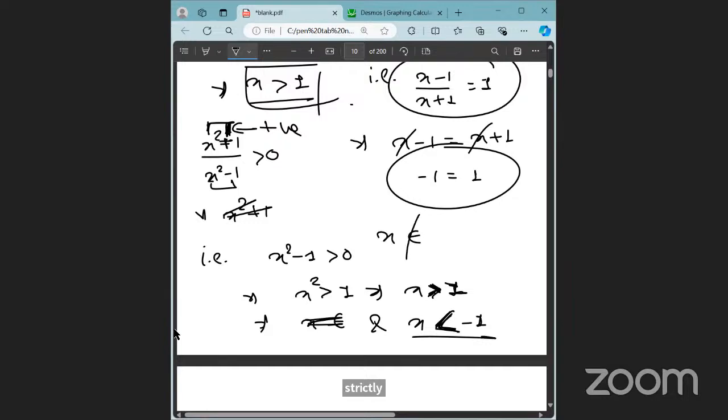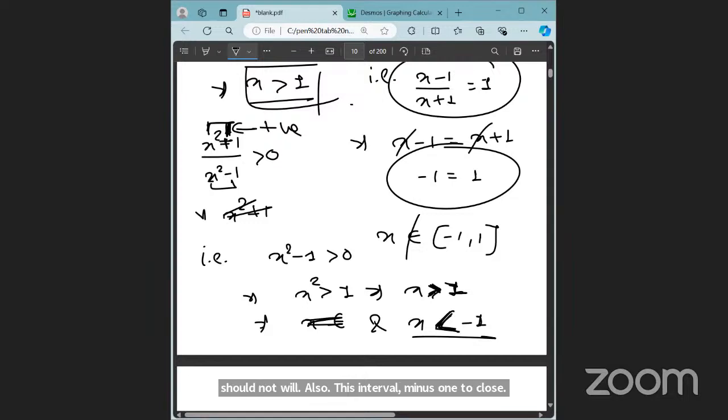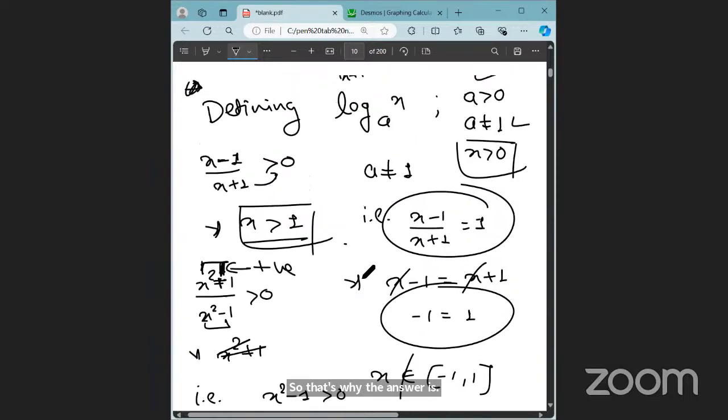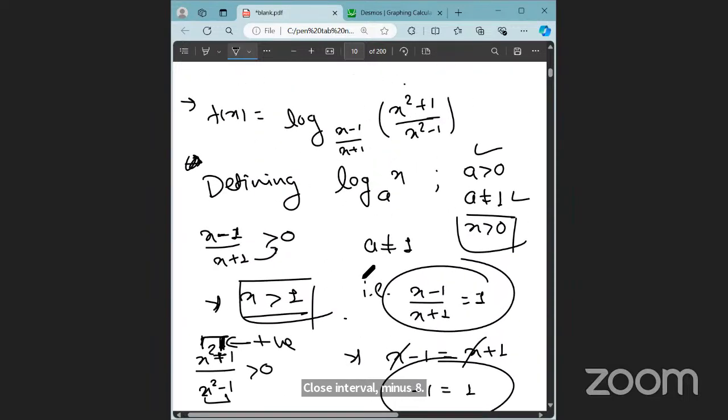That means x should not belong to the interval minus 1 to 1, closed. So the answer is the closed interval minus 1 to 1. All restrictions lead us to x should not belong to minus 1 to 1.